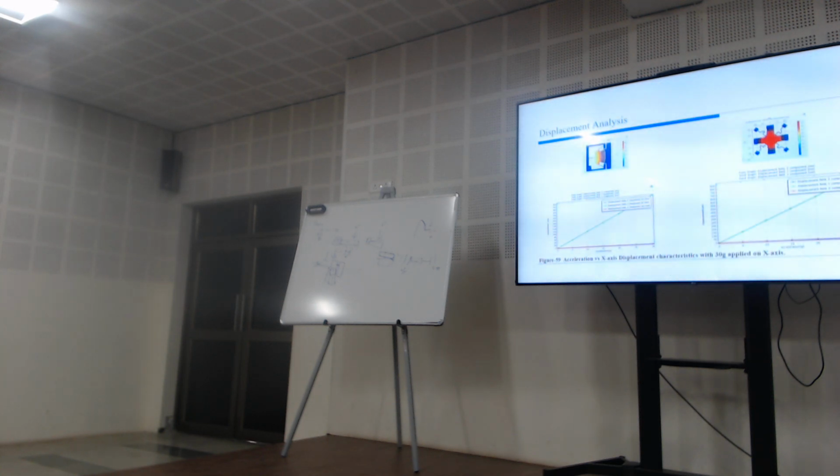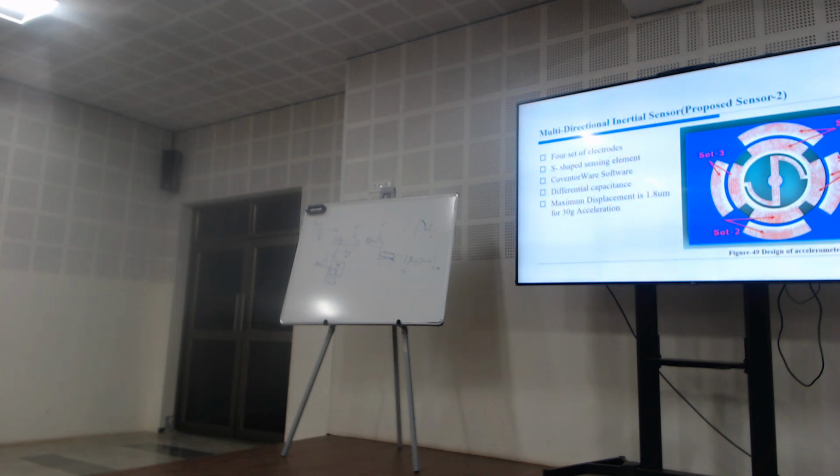And one thing I forgot, one more software I want to introduce. Whatever designs I explained, each has a different diagram. This I had simulated in CoventorWare. There we can simulate all sensors.